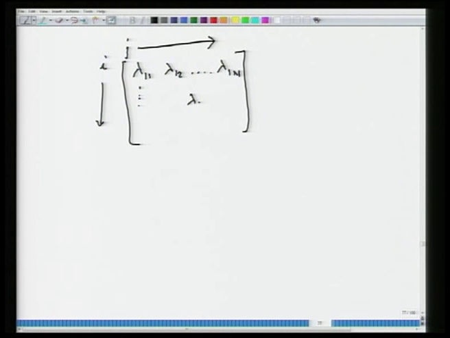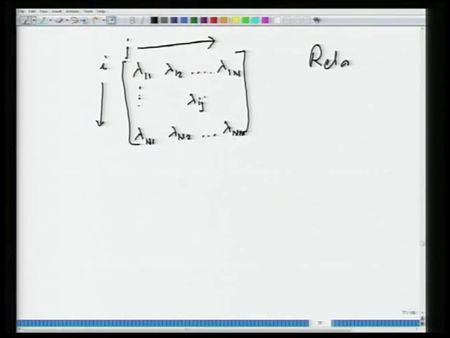Somewhere there will be a lambda ij and then I will have lambda n 1, lambda n 2, and so on. This is where I have calculated the relative gains of all possible input output pairings. I pair i with j, i can take so many values, j can take so many values. For each of those, when I calculate my relative gain and put it in terms of an array, that is called a relative gain array.